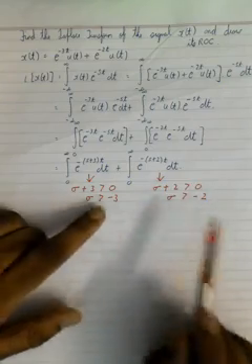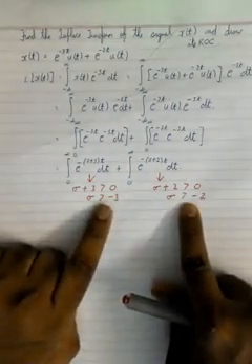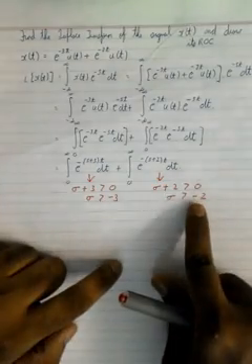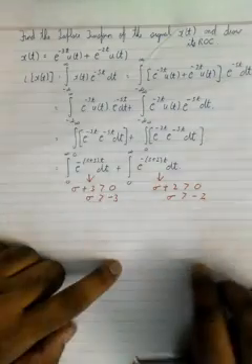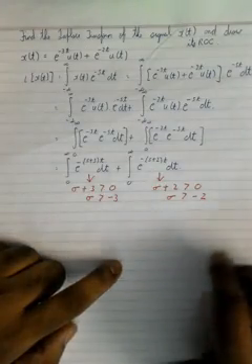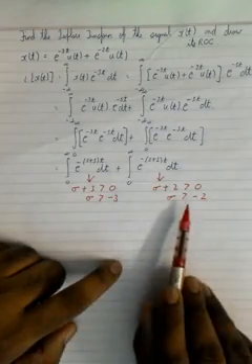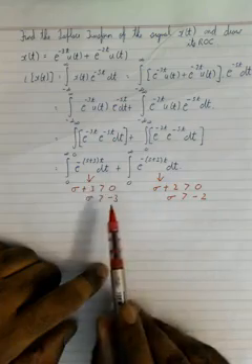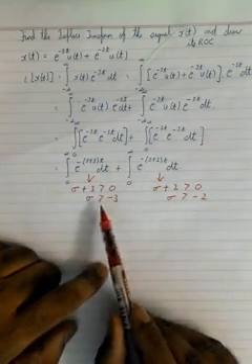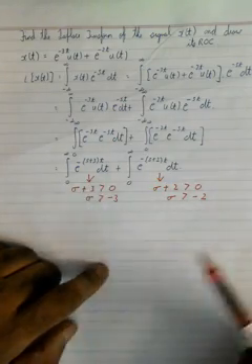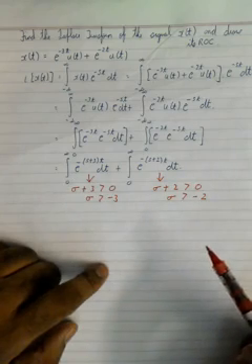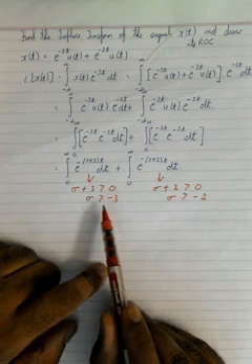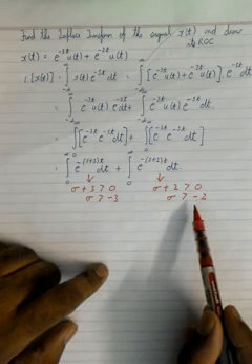Looking at these two values, you can immediately understand that one ROC actually covers the other. All the values that are greater than -2 are also greater than -3, right? But not all the values that are greater than -3 are greater than -2. For example, -2.5 is greater than -3, but it is less than -2.